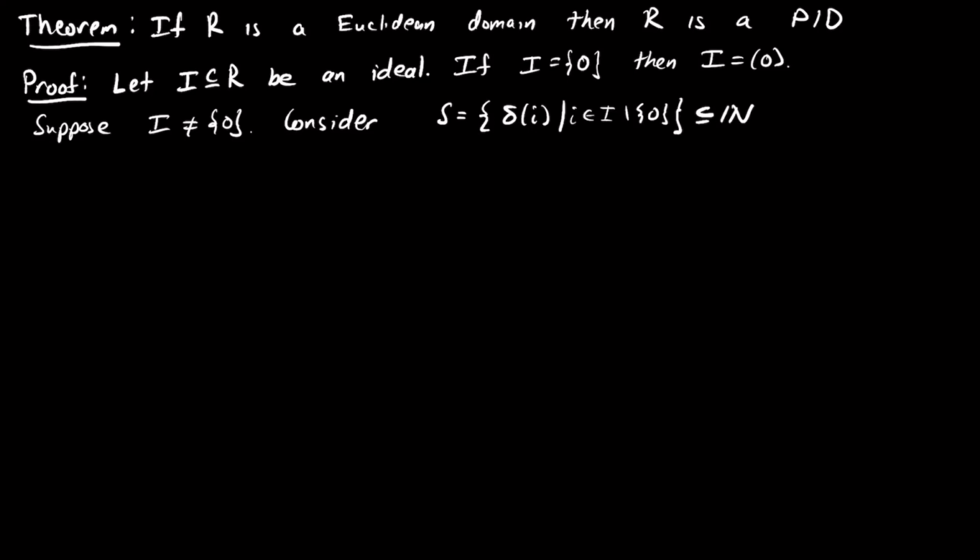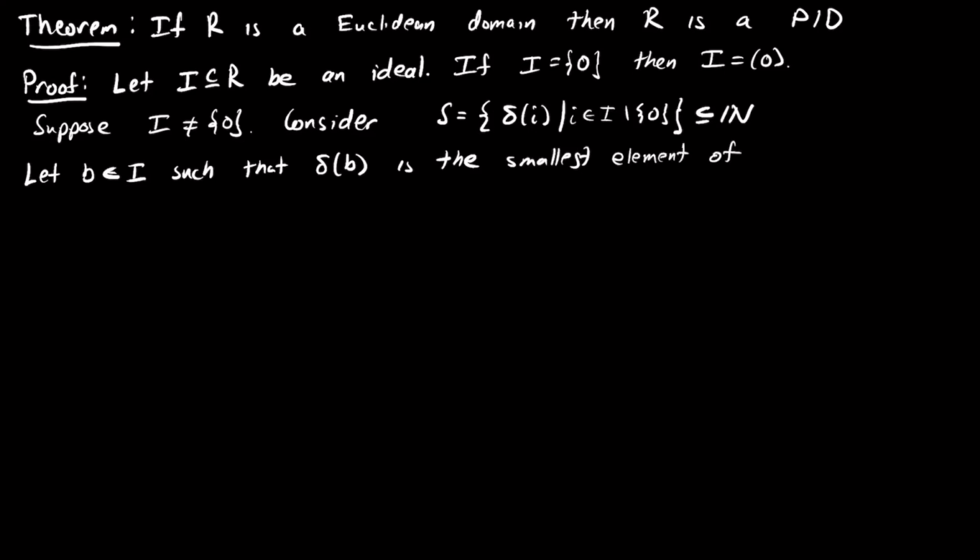So what I'm going to do is say let b be an element of I such that delta of b is the smallest element of S. So by well ordering, S has a smallest element, some delta of b.